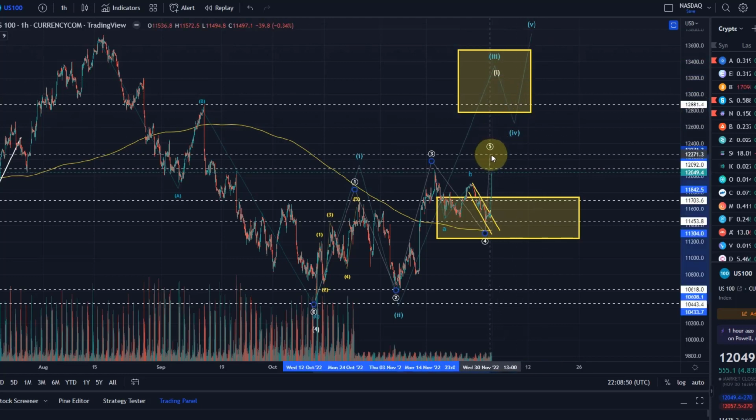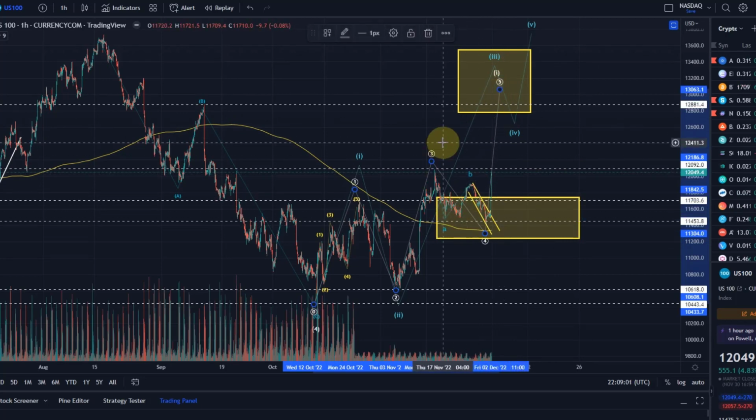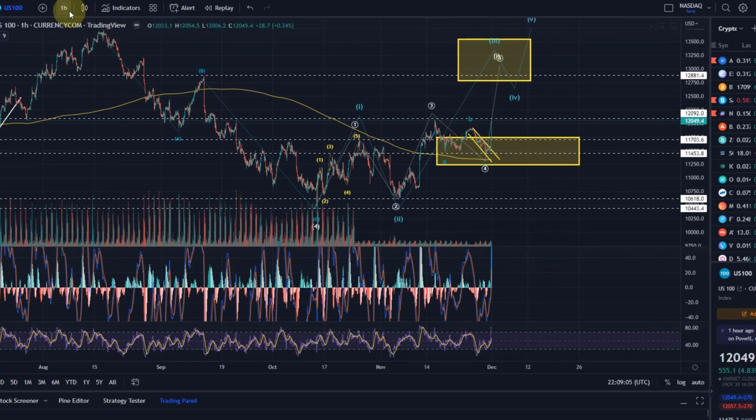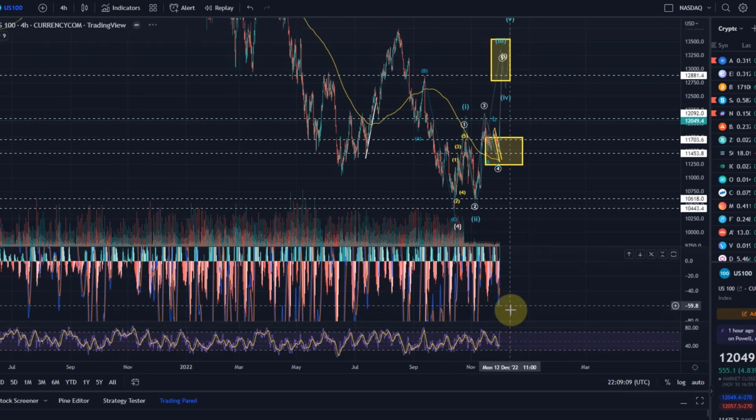Of course, you can make a shorter one, but the requirement for a wave 5 would be to go above the wave 3, so it would need to go above $12,100. But yeah, it's looking good. The NASDAQ performed well today. Now obviously on various time frames it's completely overbought, on the 4-hour chart as well.